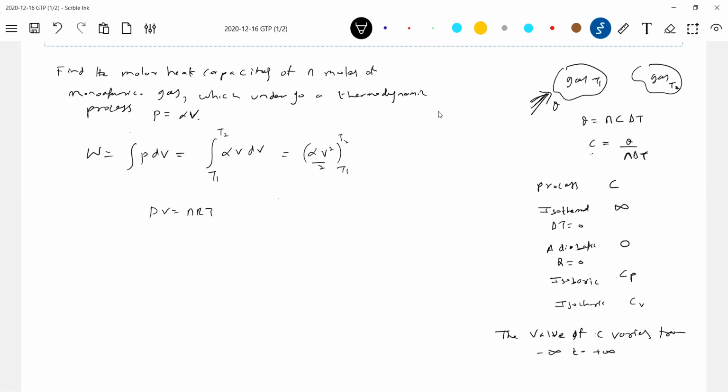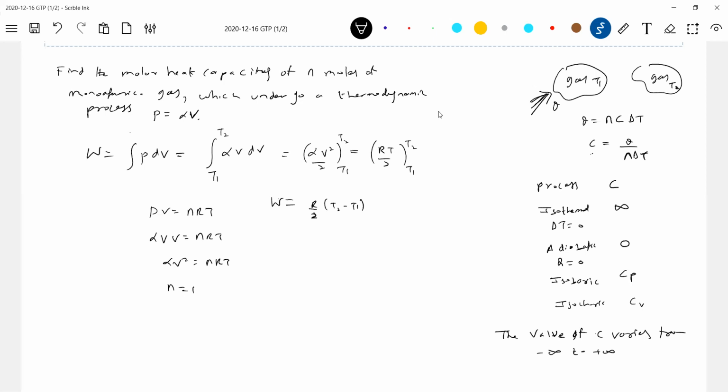Substituting P equal to alpha V, alpha V square is nRT. Let n equal to 1 mole, it'll be easy for us. So alpha V square by 2 becomes RT by 2. So the work done by the gas will be R by 2, T2 minus T1.